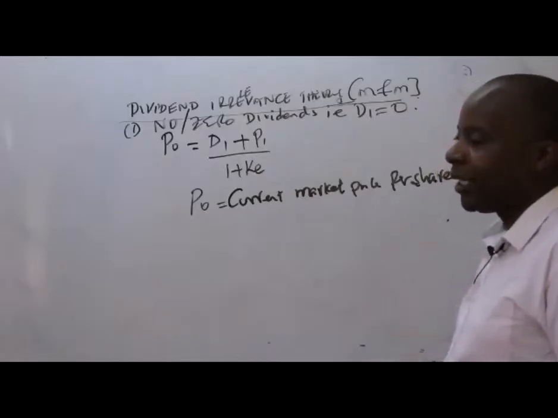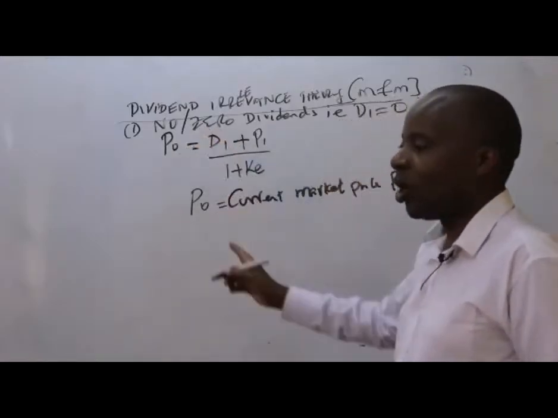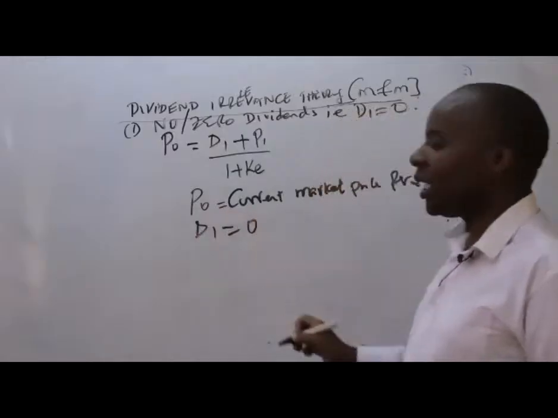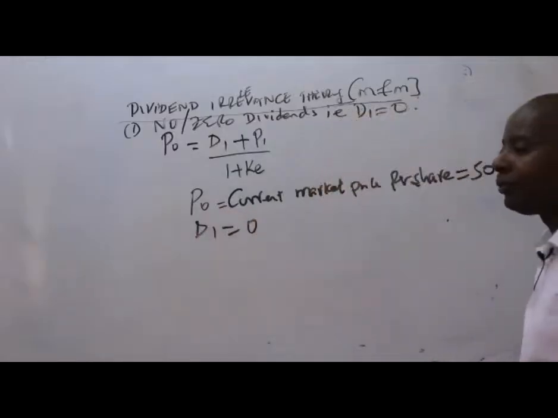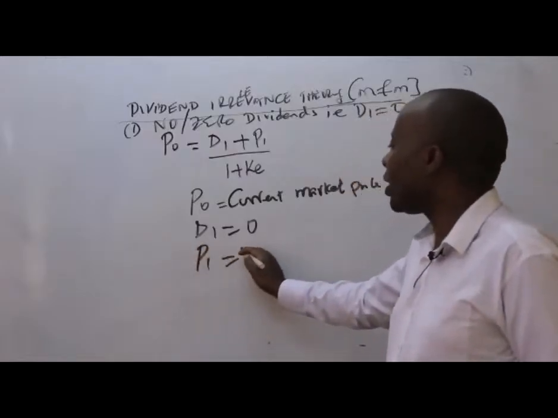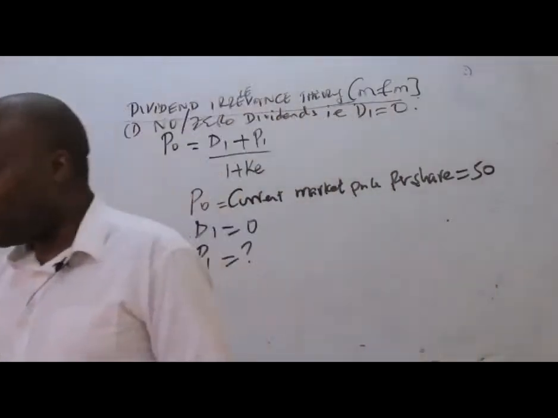So if we go with the first policy of not paying dividends, then D1, don't get confused there, will be 0. How about P1? P1, ladies and gentlemen, is what they want us to look for.